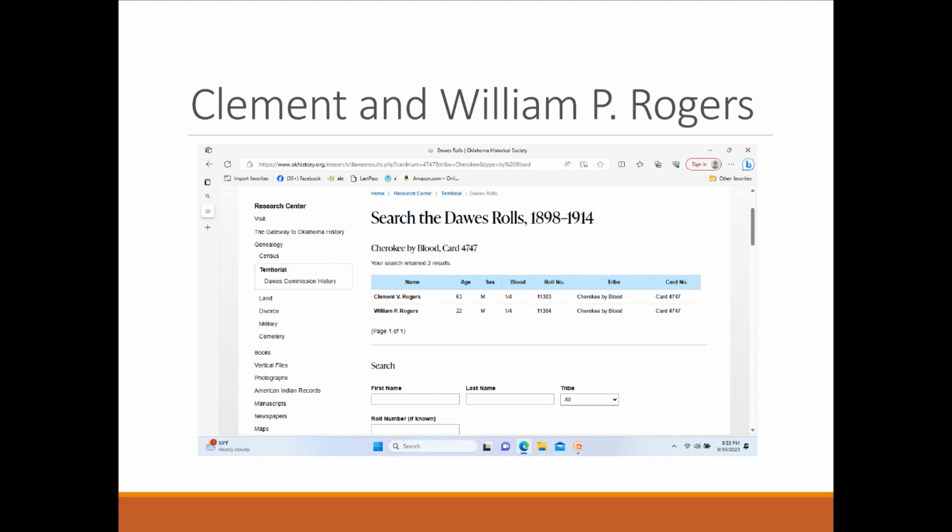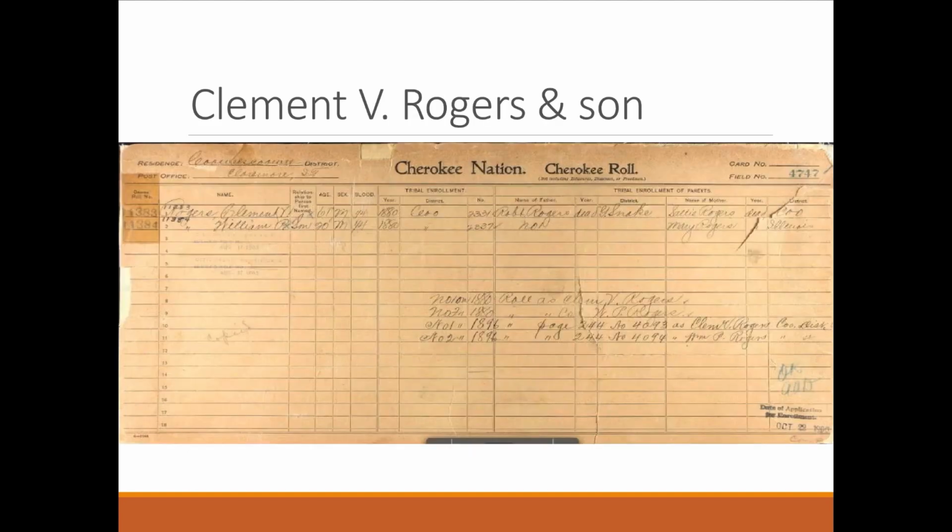So now that we've discovered what census card we can get, and we got the roll number, this is what a census card looks like. They reside in the Kuiskui district, and here's the card number right here, the census card number 4747. And when they're accepted as members of the Cherokee tribe, their individual number is added next to the name, off to the left-hand side.